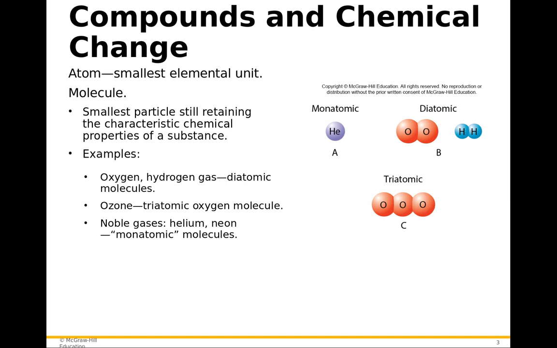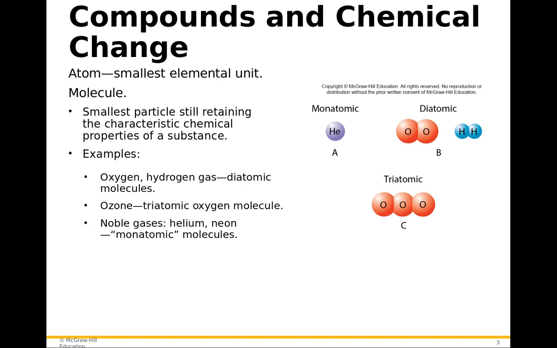Now if we look at our examples here, we have oxygen and hydrogen gas. Oxygen and hydrogen are diatomic molecules, so they bond together in pairs as they're floating around freely as a gas.